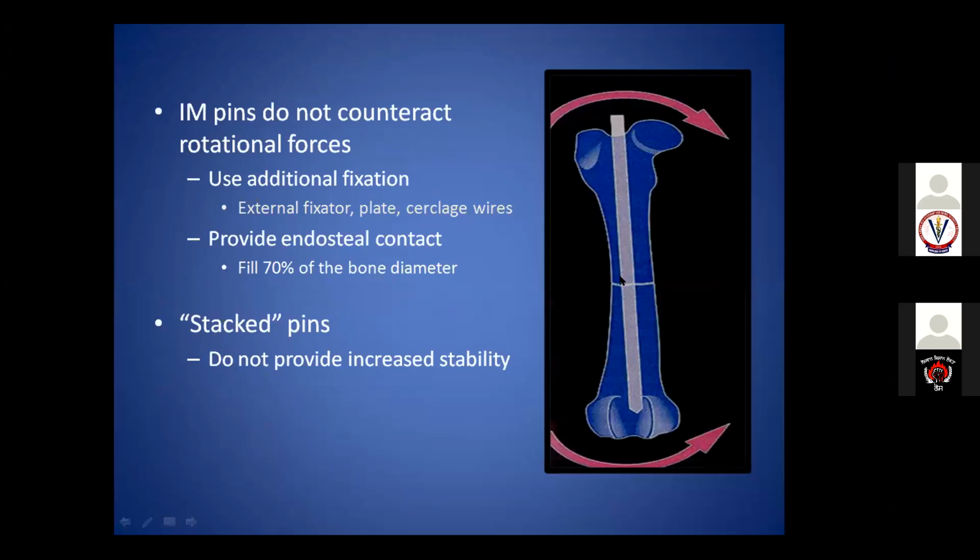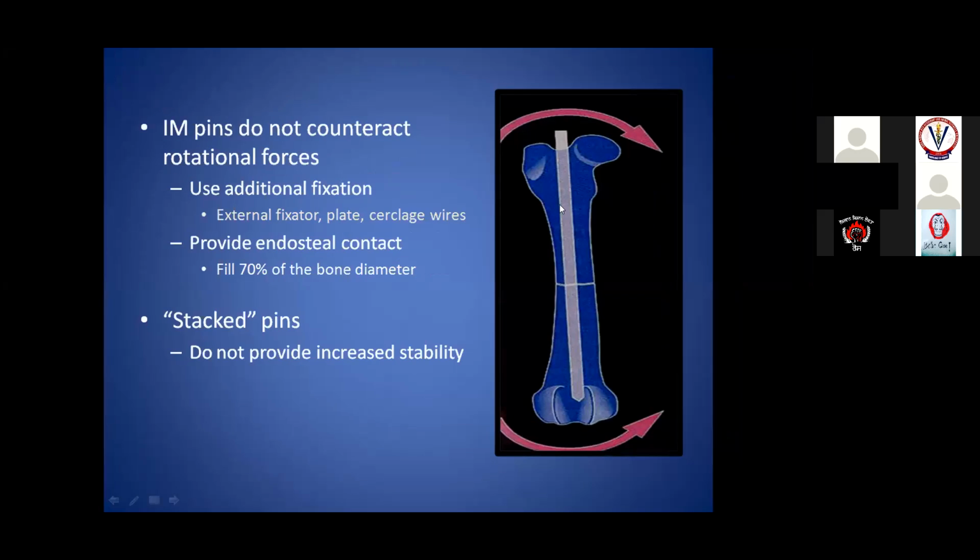The fracture is reduced to its normal anatomical position, and the pin is placed inside the bone. Because there is a pin inside the medullary canal, it is difficult for the bone to bend. That is the stability provided by the intramedullary pin.